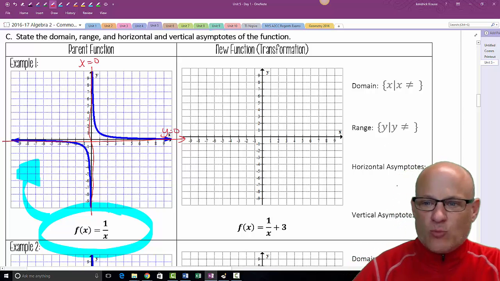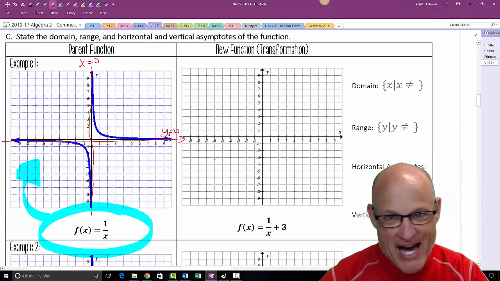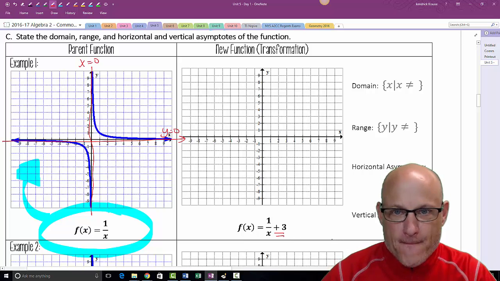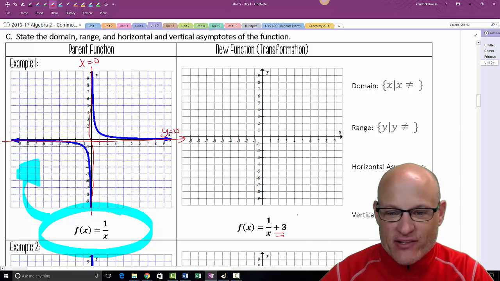Now, what's going on here? We have a plus 3, and we just talked about the fact that this is going to go up 3 units.